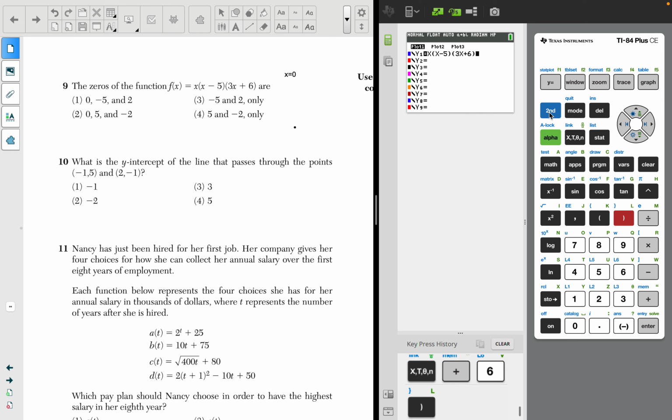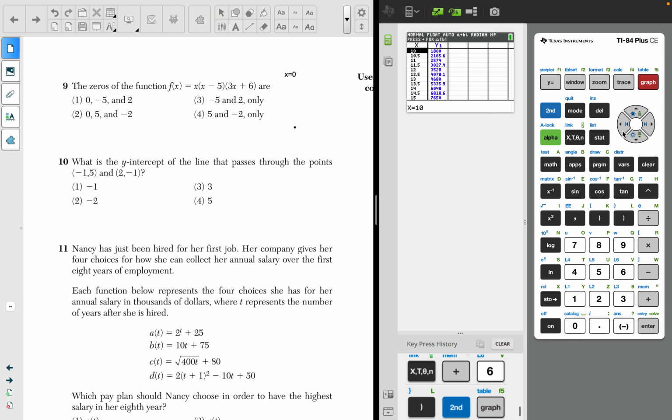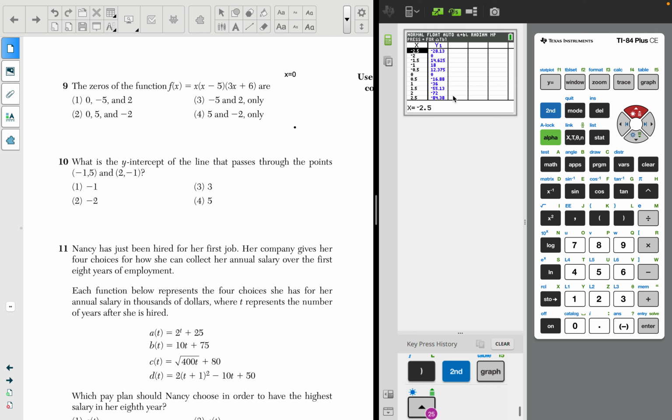And then we're going to do second graph, and then we're going to check the table to see where, oh sorry, the x-intercept is y equals 0.